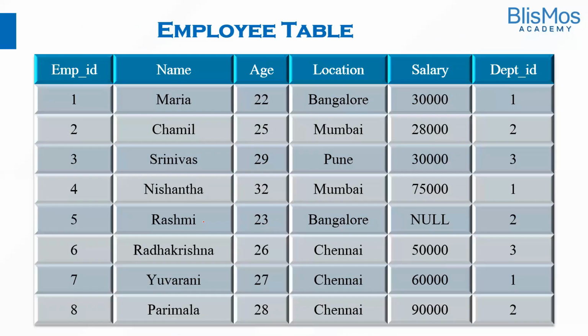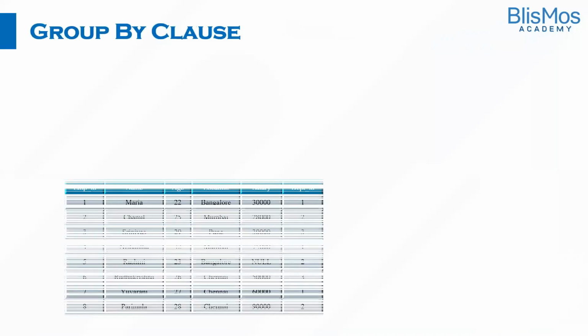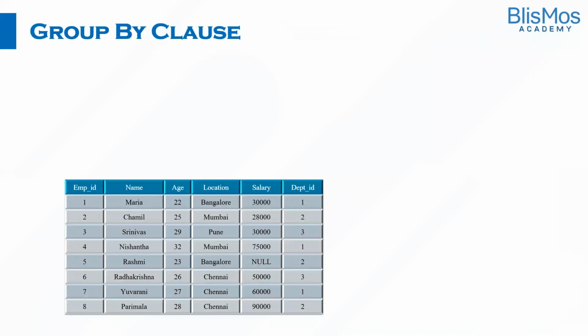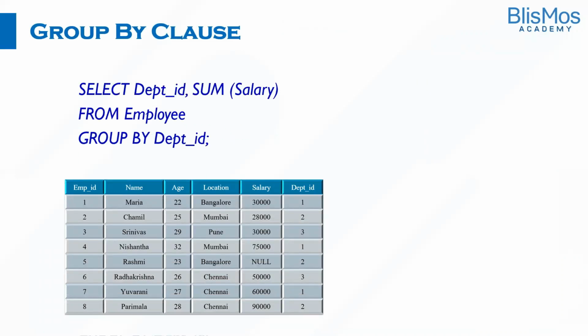So this is the employee table where we have around 6 columns, from employee ID to department ID, and around 8 records. Let us understand the group by with this data. Let us say you want to know the sum of the salary in each of the departments.